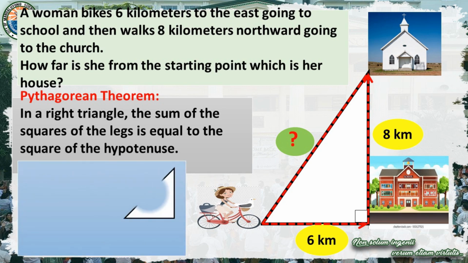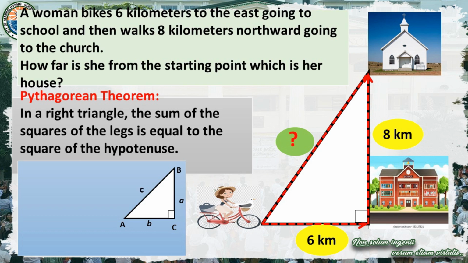So if we consider right triangle ACB, right angle at C, the legs are represented by A and B. Side A is opposite angle A, side B is opposite angle B, and the hypotenuse is opposite the right angle.